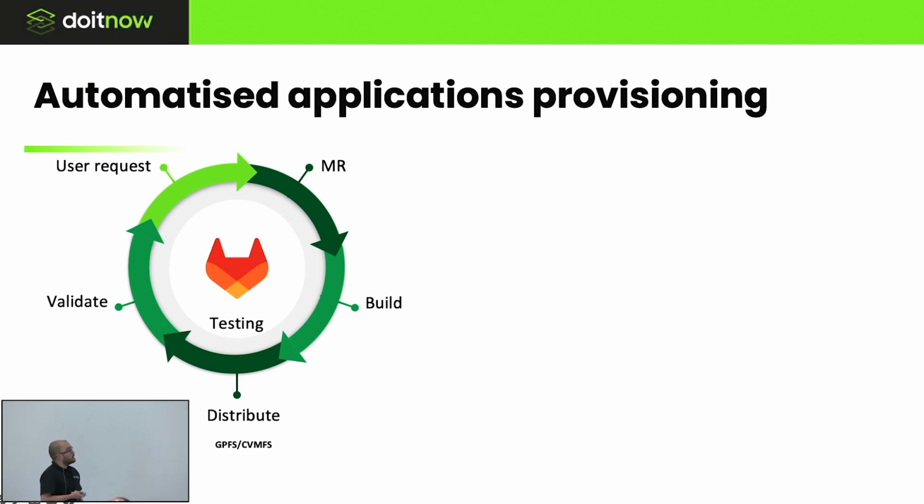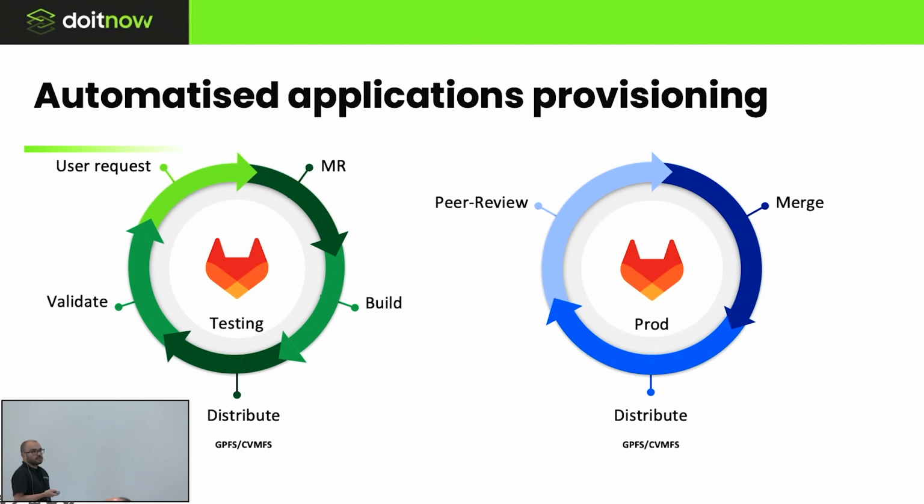And then the GitLab CI/CD will build the package for all the available architectures that we have in this client. Then comes testing: this software is distributed via CVMFS across the cluster, or via CVMFS for the external clients outside the cluster. The users will test the software to validate it. And then we go to the second cycle.